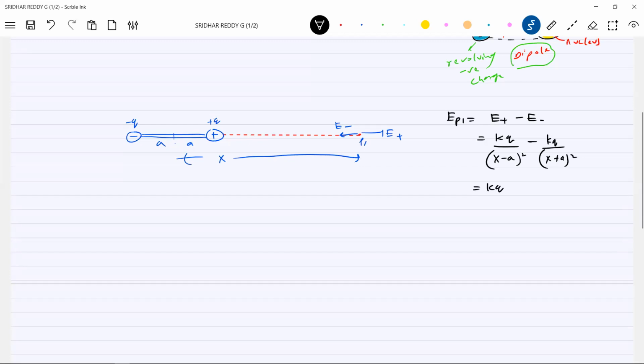So the expansion of this will be KQ by x square plus a square, 2xa, x square minus a square plus 2xa, all divided by... what is minus 2xa? It will be plus 2xa only, no? Okay, so this will become KQ 4xa.